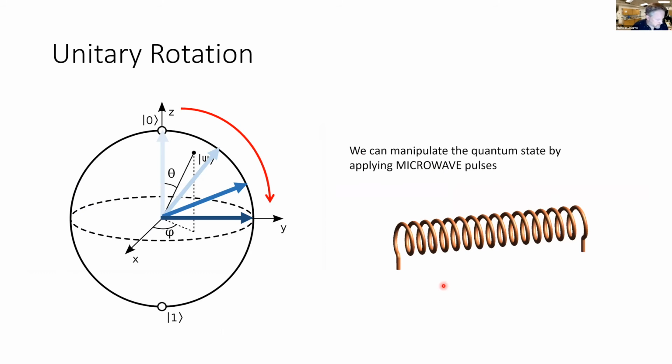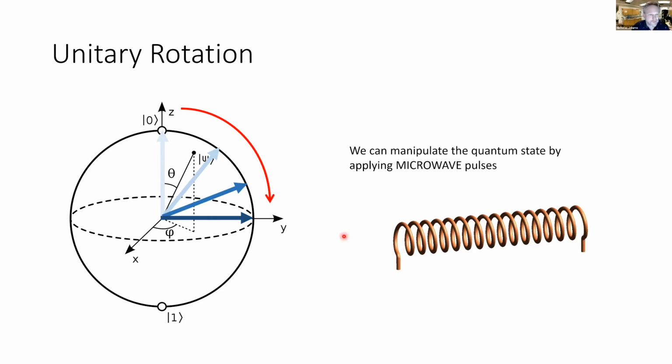how do we actually manipulate it? This is one of the things that is really nice about NV centers: we have a really good handle on how to manipulate them.